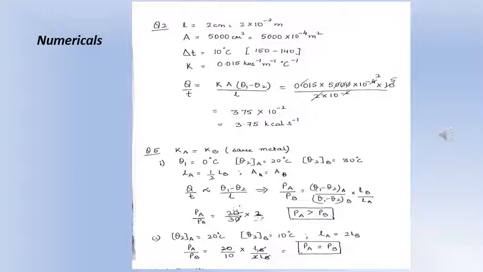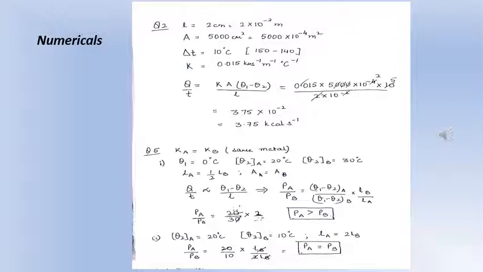In the second part, the end of rod A is at temperature 20 and B as 10 degrees Celsius. Also, the length of A is twice the length of rod B. So moving exactly in the same way as we did above, the rate of transmission of heat will depend on the ratio of the change in temperatures divided by their lengths.